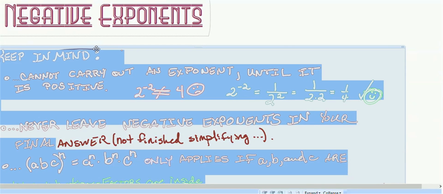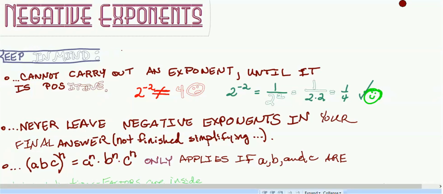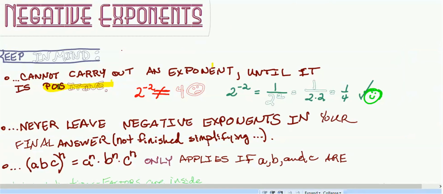When you still have negative exponents in your problem, it's also not fully simplified. So when we start a problem that has negative exponents, you have to make it positive before you can carry it out. I know the word positive is kind of funny looking. But remember, make the exponent positive before you carry it out.